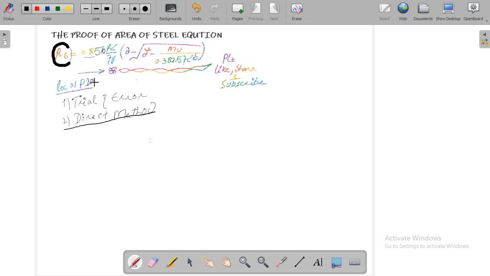This is a very useful equation, because most of the time when we are solving examples in the ACI code, we are using the trial and error method, or direct methods, and we have some charts, or you can say design aids. By using those design aids, we will design any member.